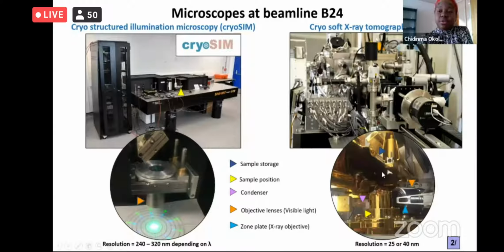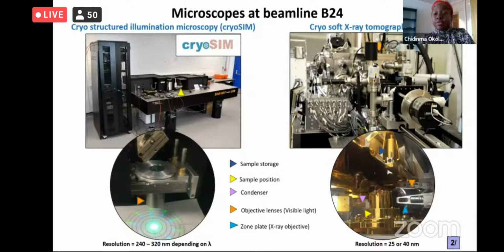So first of all, we have two microscopes at the beamline, but there are other ancillary microscopes that help us to do our work. But the two major ones are CryoSIM, meaning cryo-structured illumination microscopy, and cryo soft X-ray tomography, CryoSXT. With CryoSIM, we're able to get fluorescence information from tagged or labeled organelles within the cellular landscape.